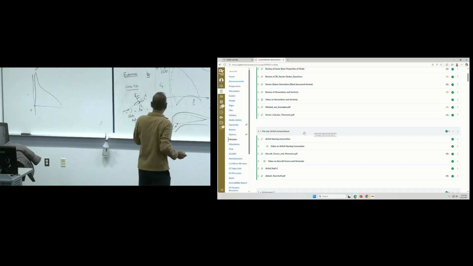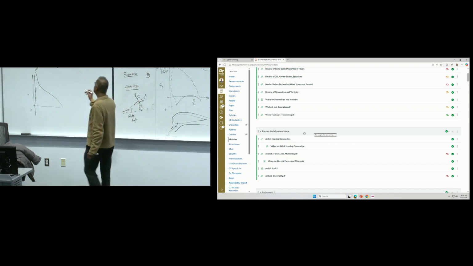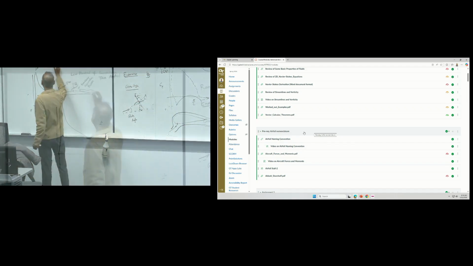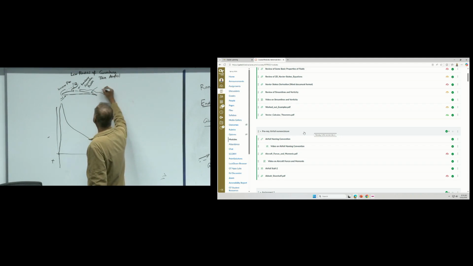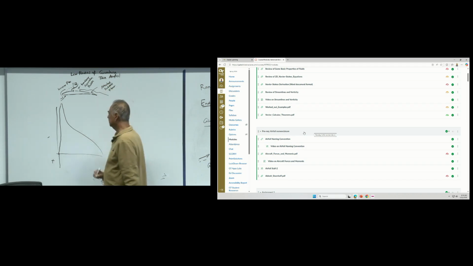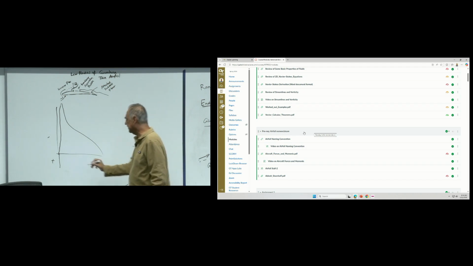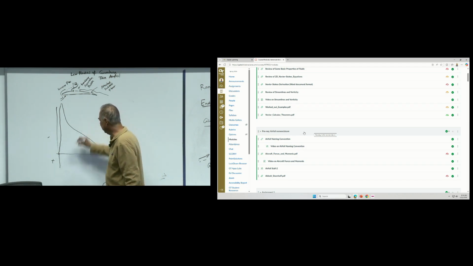So downstream here, the flow may reattach itself, an attached turbulent flow. This may occur on the upper side.